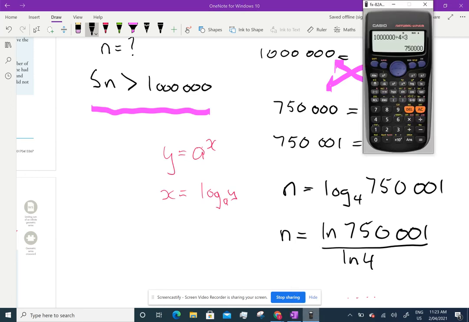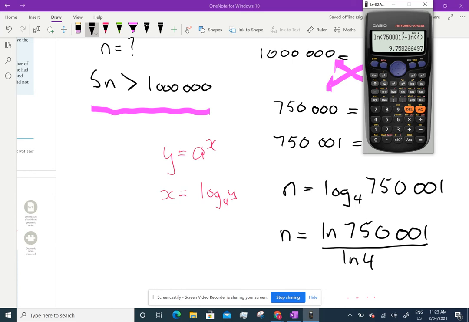Go to my calculator and ln 750,001 divided by ln 4.